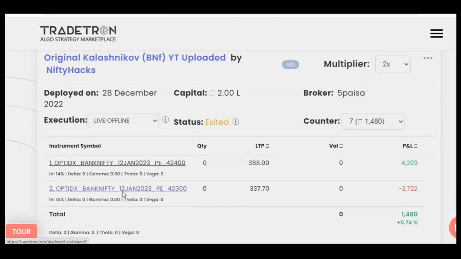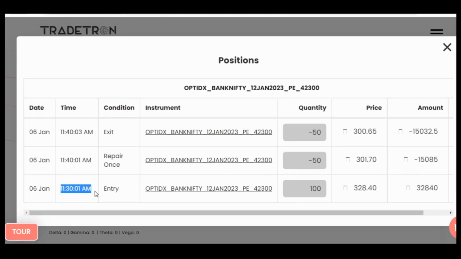Let's check the second entry. The second entry is at around 1130, and this was the entry price. As soon as one repair once condition occurred, the other leg also got booked at this price, because we have moved over SL to cost or below cost. So as soon as this one condition matched, the other leg also exited via the set level exit.